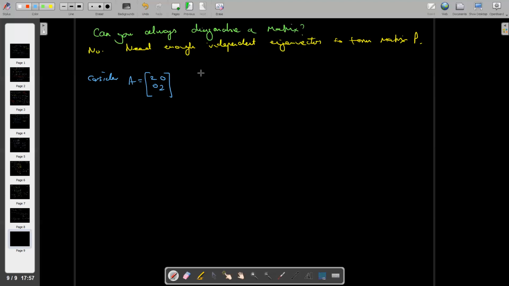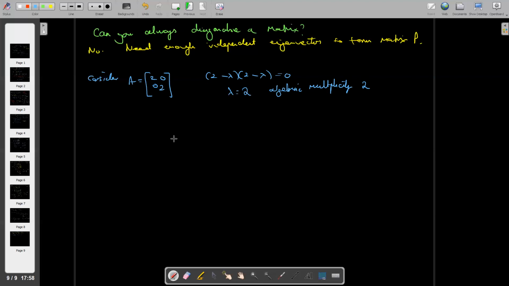Well, straight away you can see the characteristic equation of this is going to be (2 minus lambda) times (2 minus lambda) equals 0. And solving that's going to give us lambda equals 2, but it's going to be a repeated root. So we say that's an algebraic multiplicity of 2, because it's either 2 or 2.